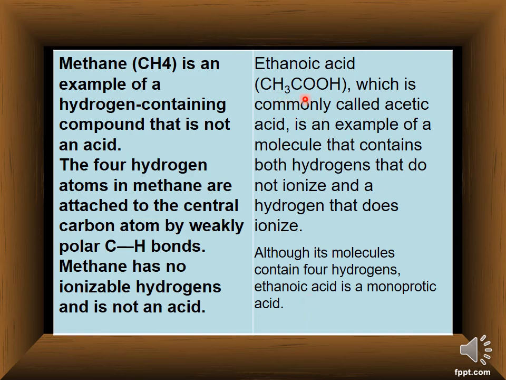As I told you, only this hydrogen can be donated. How many hydrogens are ionizable? Only 1. That's why it's called monoprotic. Although it contains 4 hydrogens, you can't say tetraprotic or polyprotic, because there is only 1 ionizable hydrogen it can donate, not these hydrogens.